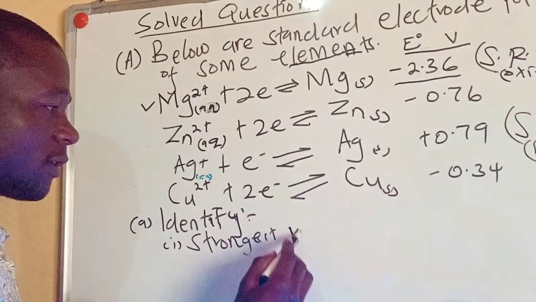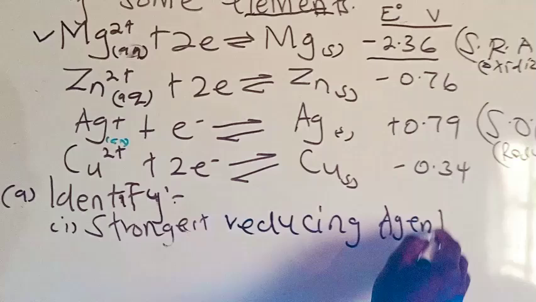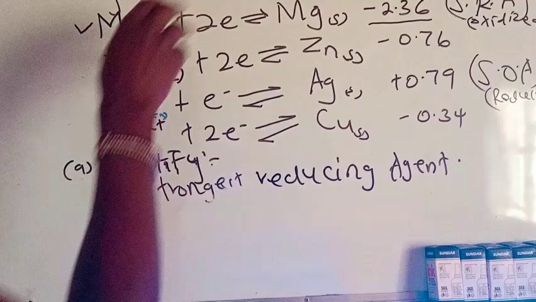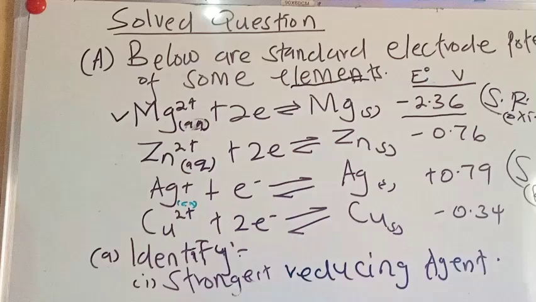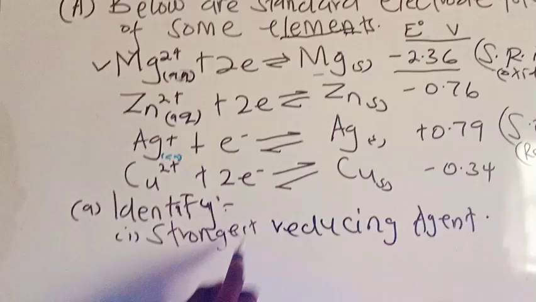Roman 2: strongest reducing agent. From your data, you will analyze that the most electronegative, that is magnesium, is the strongest reducing agent. So just identify the element. You say that the strongest reducing agent is magnesium.